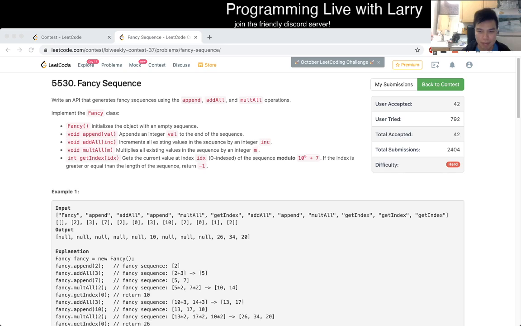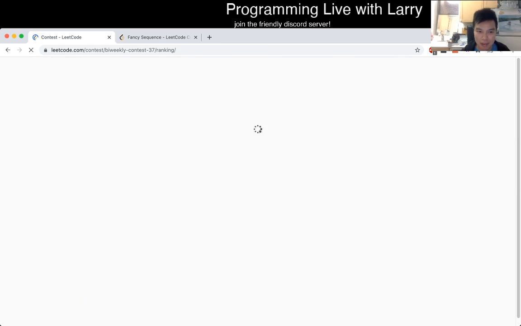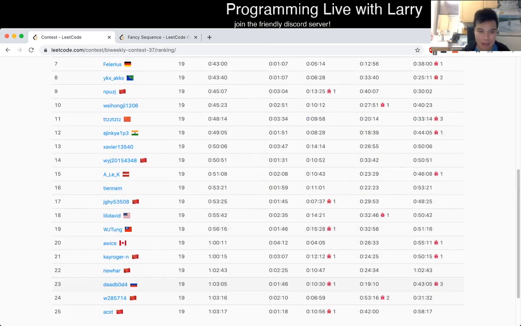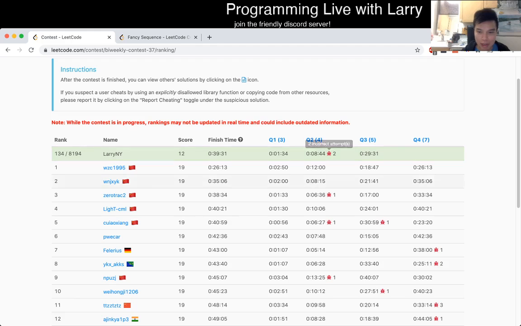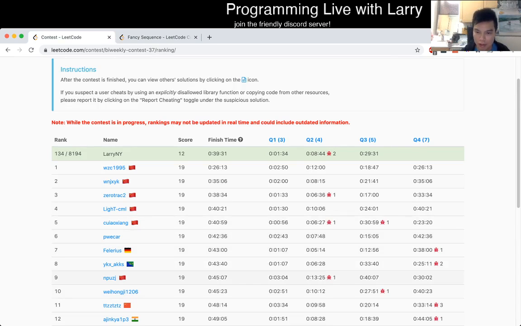So, yeah, maybe I just don't know how to do this. It's just one of those days. People have gotten it. I have no more hints. The 10 minutes here is not great. Usually I make it up in solving the hard, but today I just don't know how to do this hard.